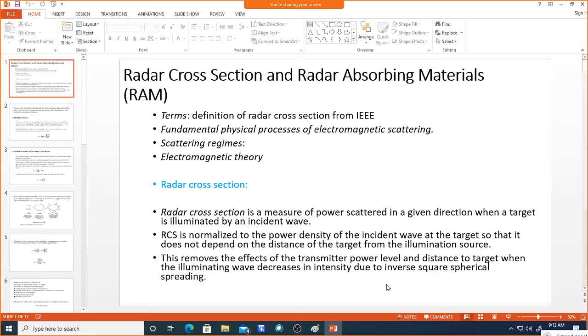So the intensity reduces with the inverse square of the spherical spreading with respect to those angular coordinates. Even so, once you normalize the transmitter power level, this inverse square spherical spreading will not affect the distance, because you transmit the power with a normalized value.